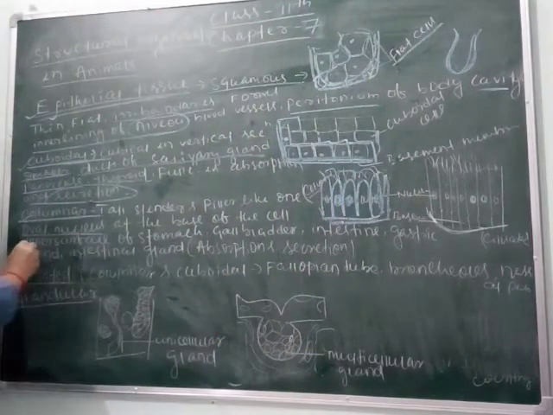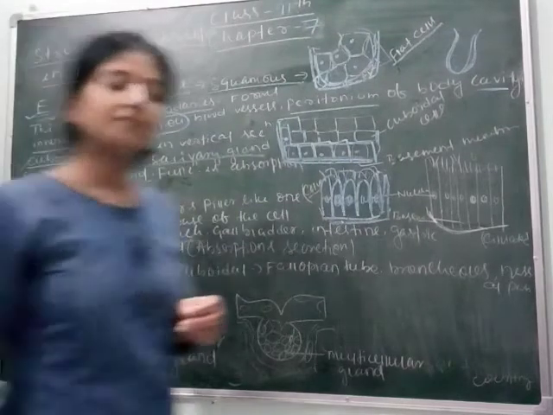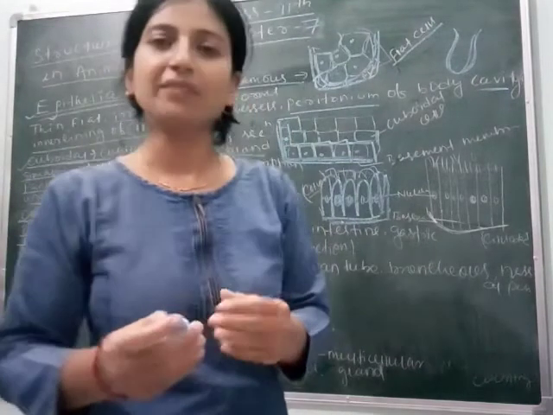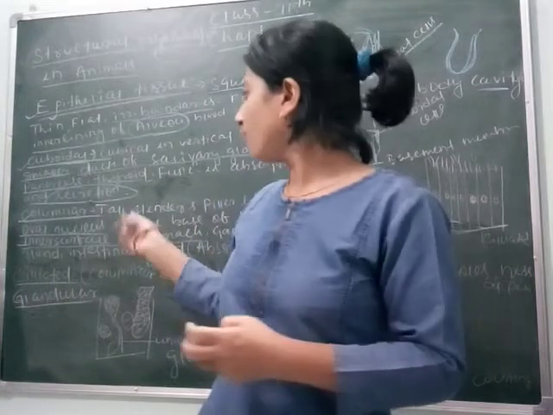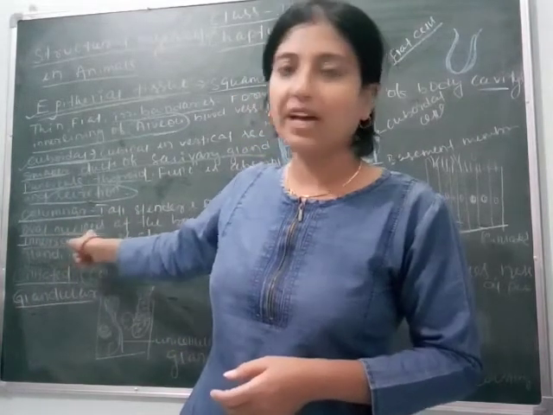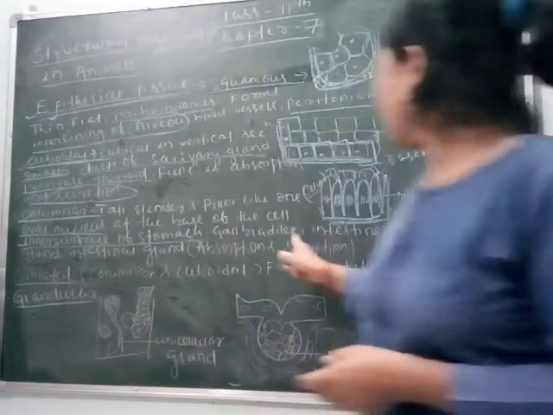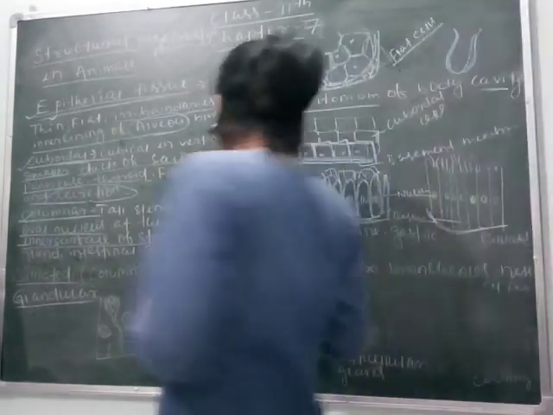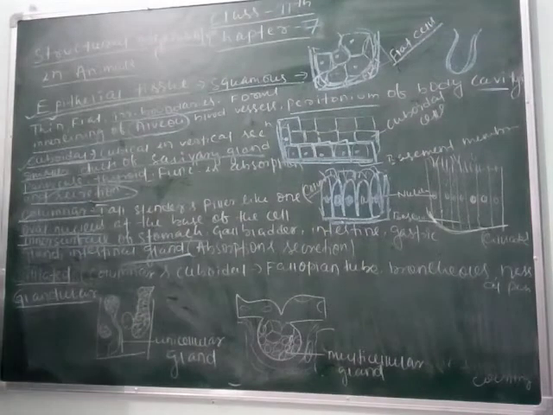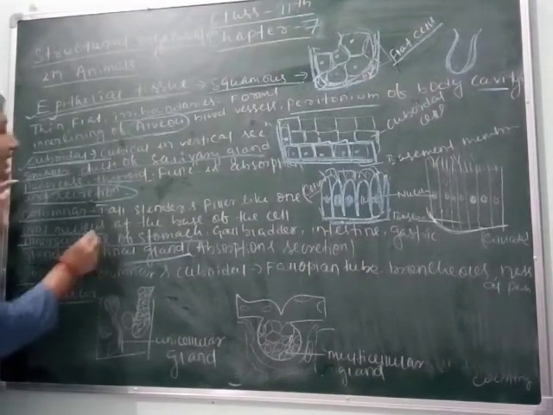Their function is to form the inner lining of the stomach. The inner surface of the stomach is made up of which tissue? Columnar. Then the gallbladder, intestine, gastric gland, and intestinal gland are also made up of this type of tissue.